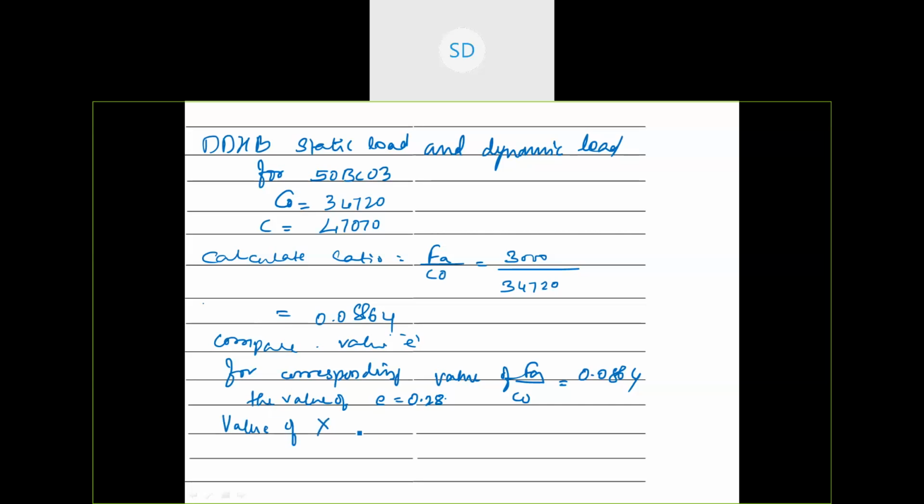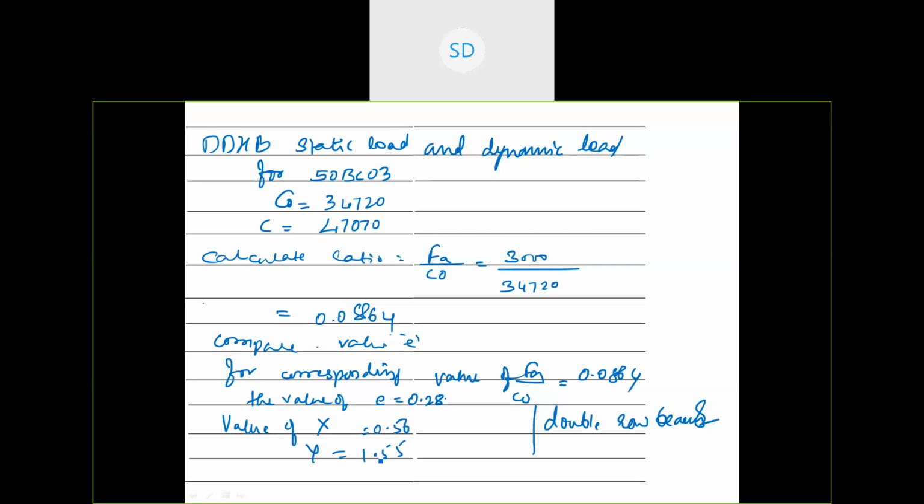So now value of x is 0.56. Again it is of what? Double row bearing. Then y value is 1.55. Now this step is repeated until you get L required less than Ln. Okay.